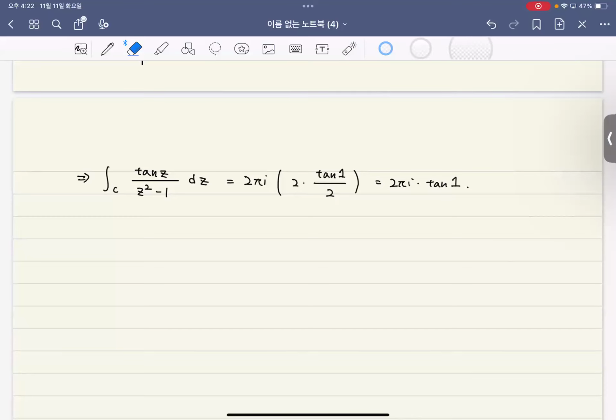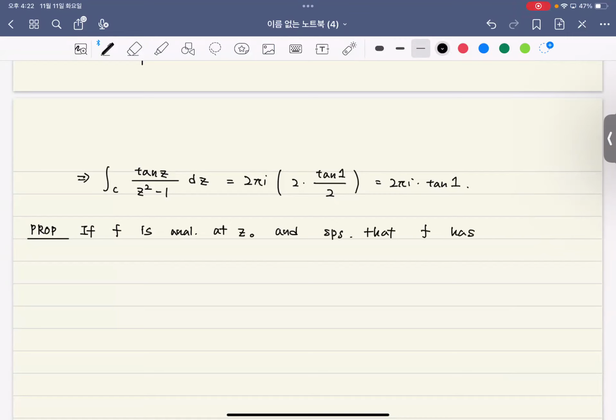Just one more technical lemma that will help our computation. Suppose that f is analytic at this point, and also suppose that f has a zero of order m.